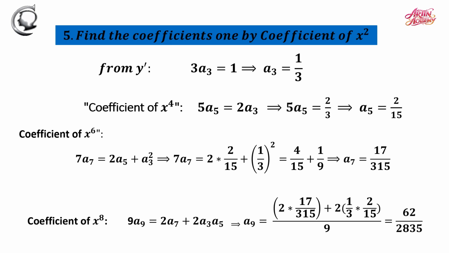Therefore, 9a sub 9 equals 34 over 315 plus 4 over 45. Since 4 over 45 equals 28 over 315, we get 9a sub 9 equals 62 over 315. Therefore, a sub 9 equals 62 over 2,835.